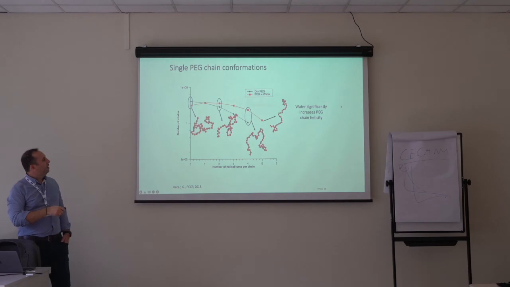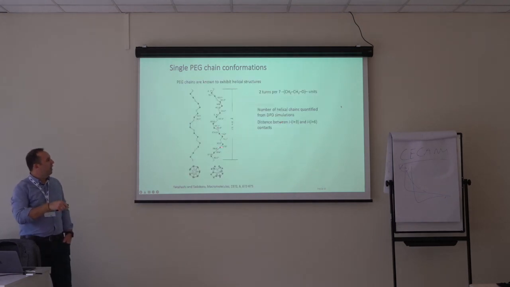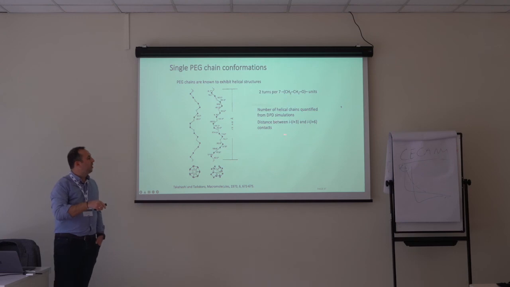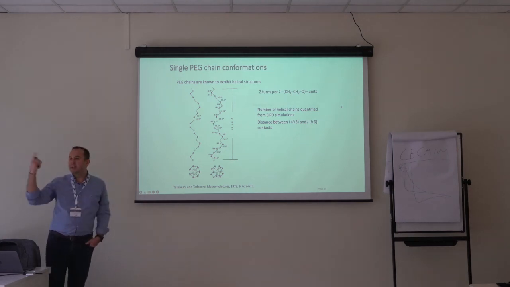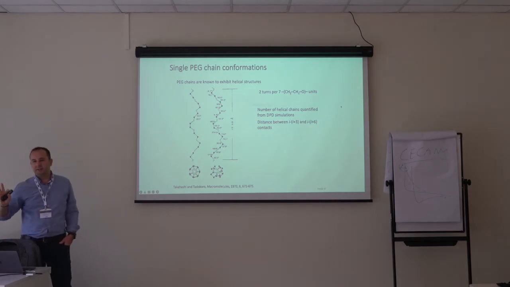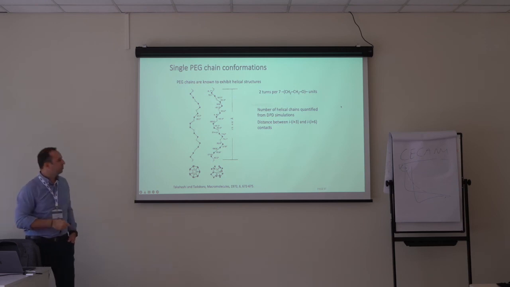For polyethylene glycol, the experiments say there's a huge degree of helicity. I wrote a code at that time to characterize the helices. It's not helical like DNA or RNA, so that's different, but all chains exhibit some degree of helicity.